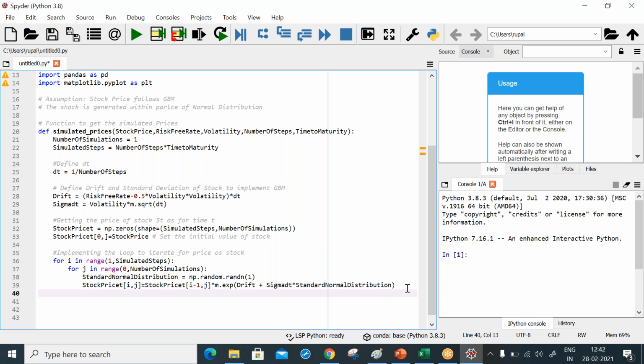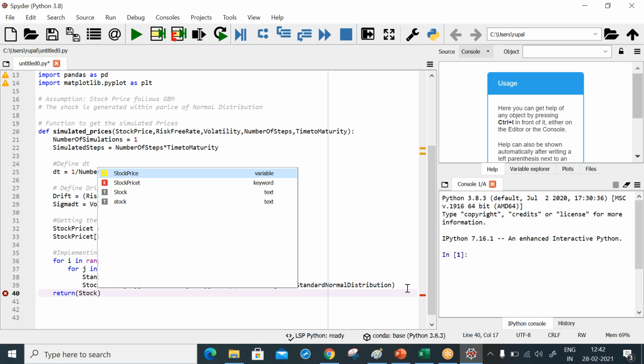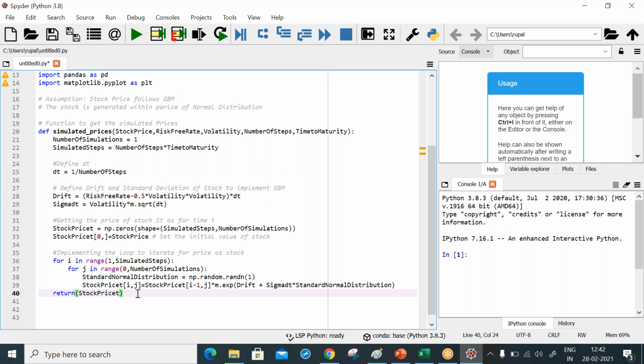Okay. Now we have to return our stock price at time t. That's it. Return our stock price at time t.